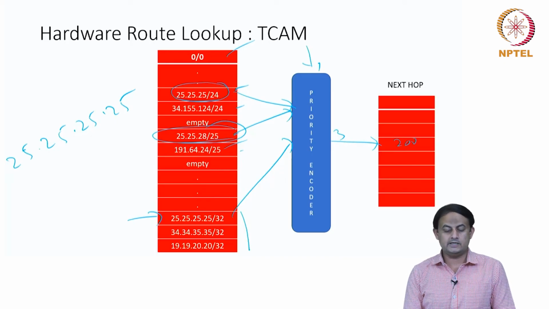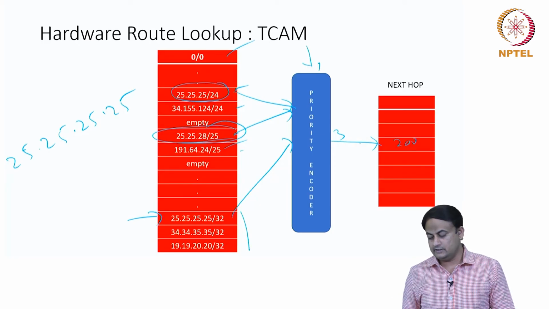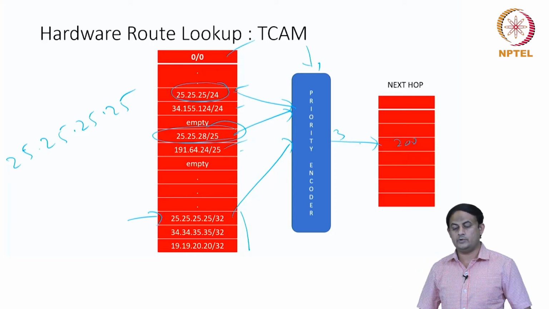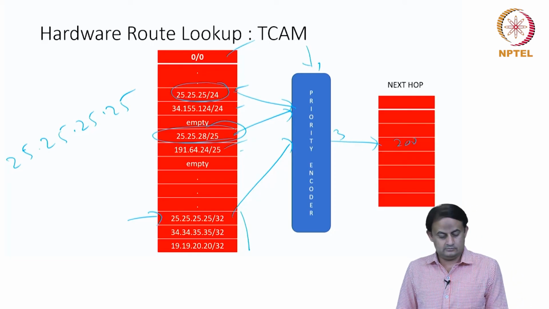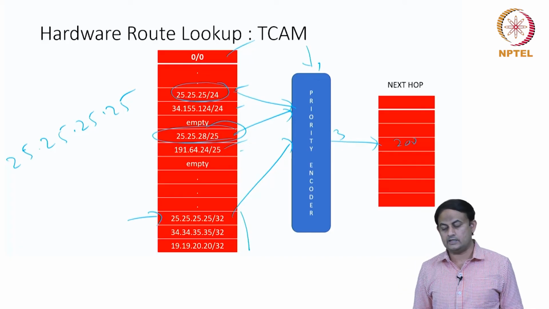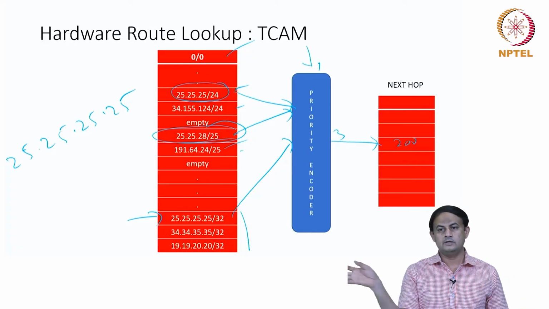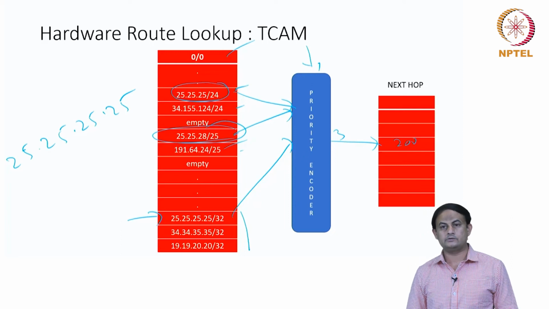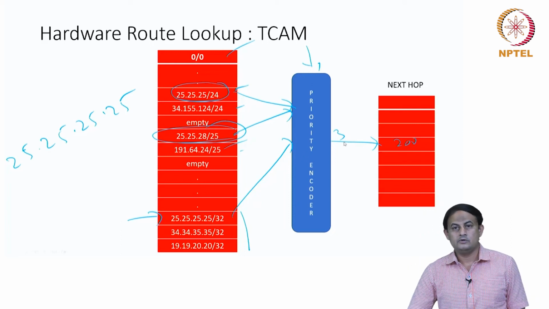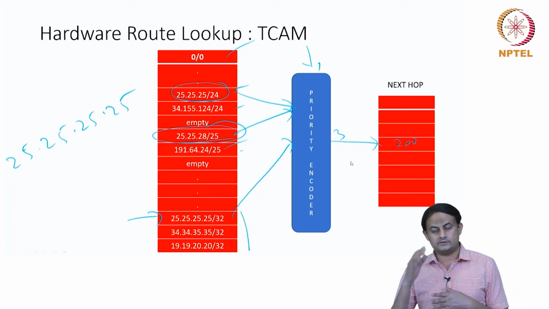Although multiple entries match, the third one gets the preference, and the index indicated by that third prefix entry in this table takes the preference, and the packet is forwarded accordingly. So that is how this TCAM works.